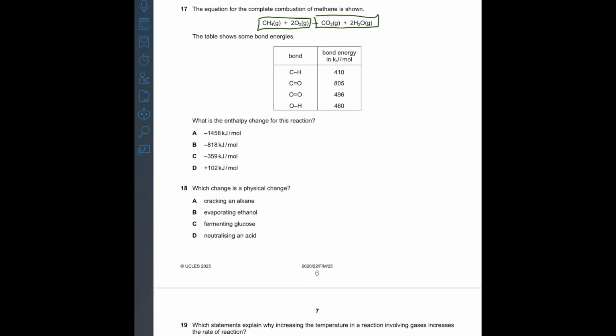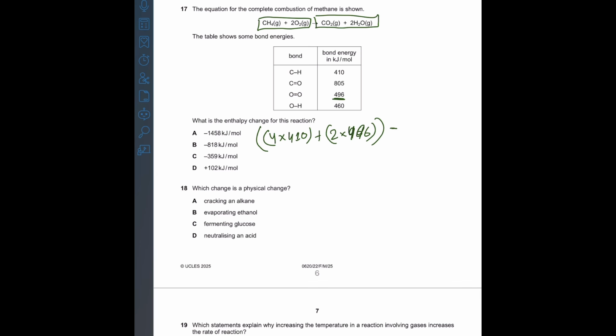So if we do that, there are 4 bonds in the methane, so 4 times 410 plus, there are 2 bonds of oxygen in, why? Because we got 2 moles of oxygen, so 2 times 496. All of this we add together and we subtract from the products.